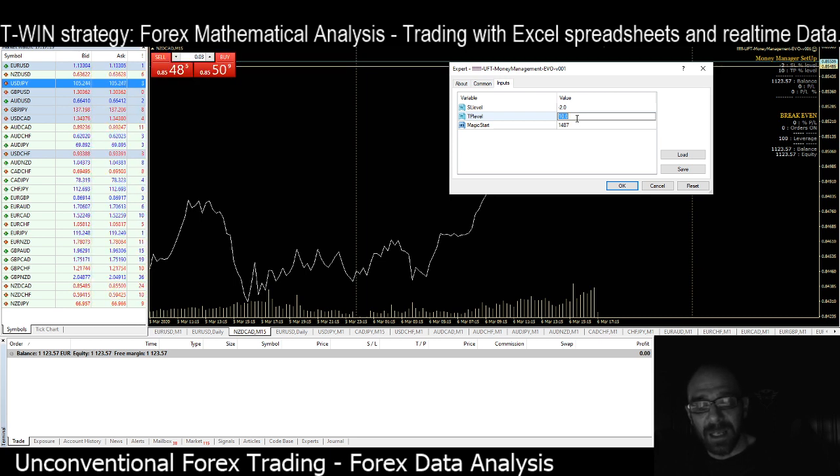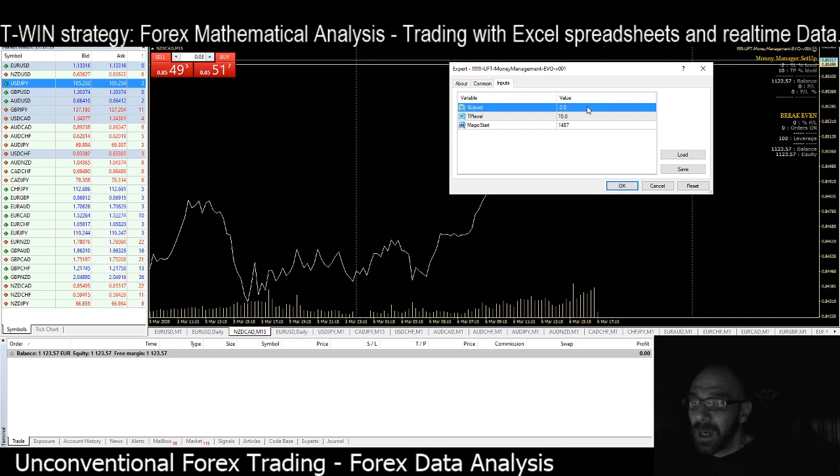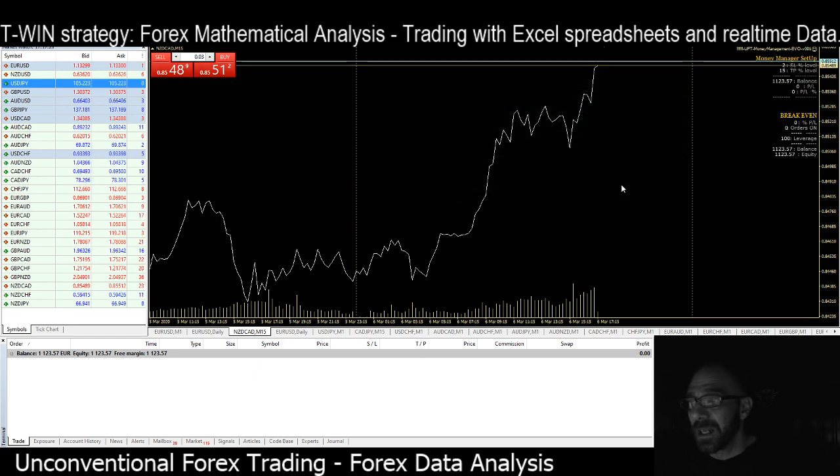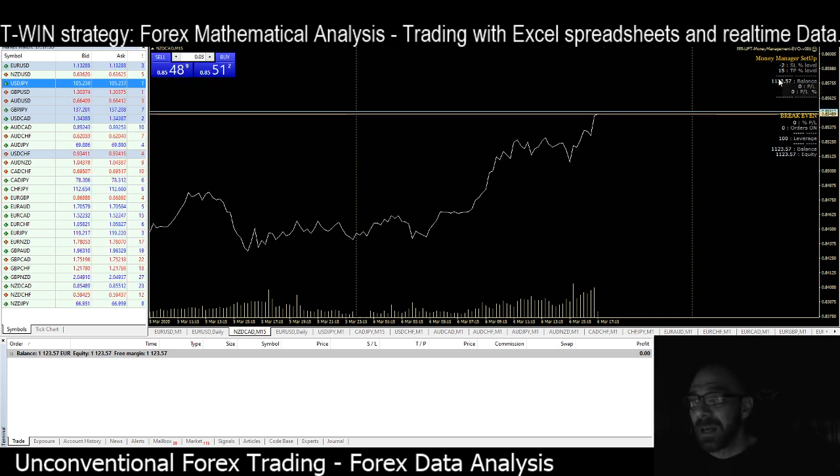So let's say that I want a stop loss level of 2% and a take profit level of 15%. Then I update my algorithm. Here you see in my setup I have these values that I just put in that form.